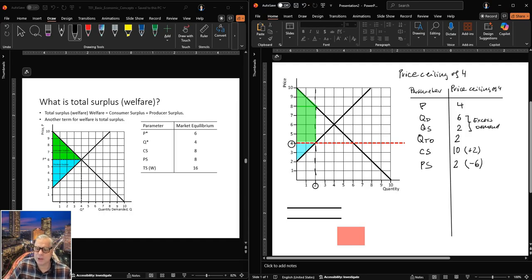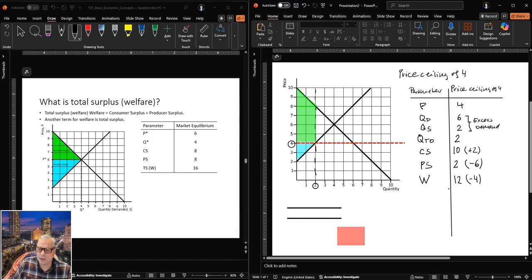Okay, so how big is now total surplus or welfare? So total welfare is now 12, which is a loss of 4 because we used to have 16. So that's a loss of 4. Well, that makes perfect sense, because if the consumers gain 2 and the producers lose 6, there must be a net loss of 4. And that net loss of 4 is what we call a deadweight loss.